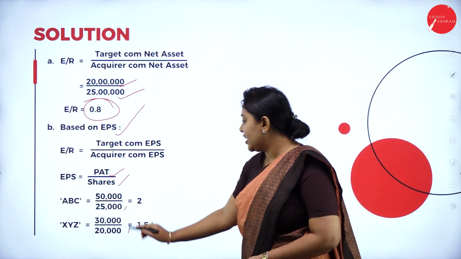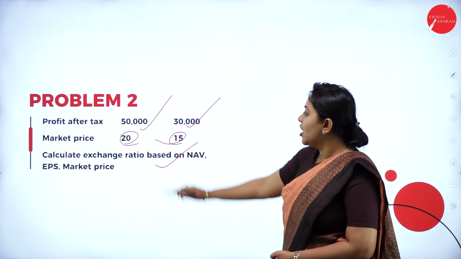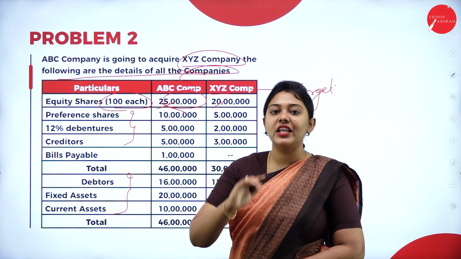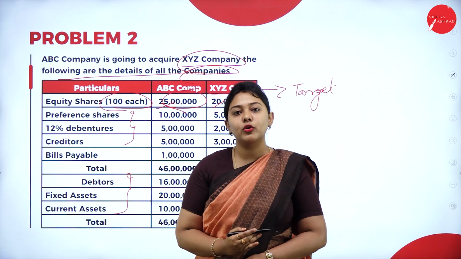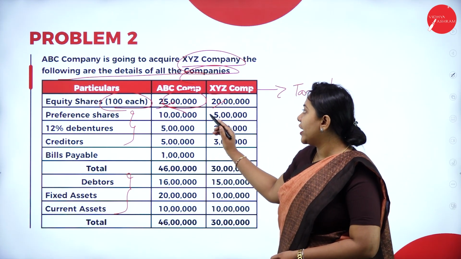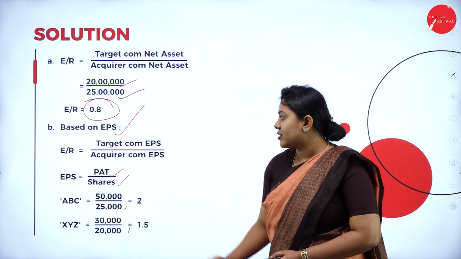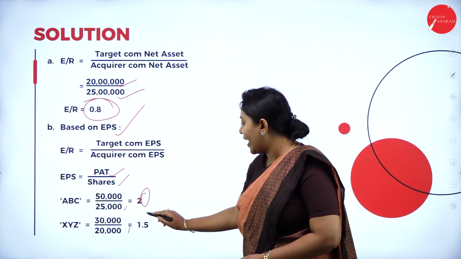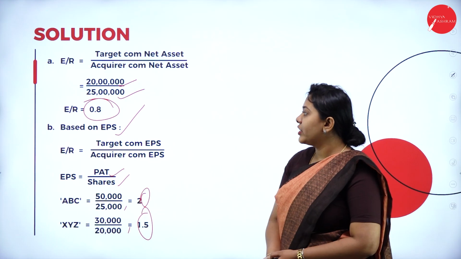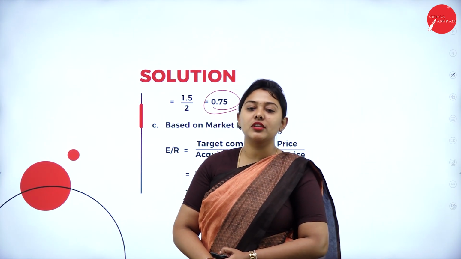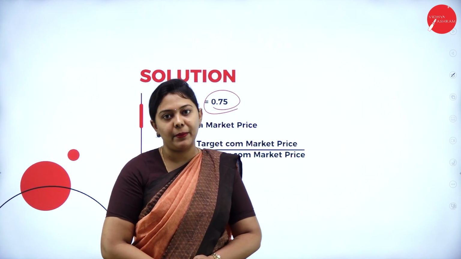How did you get this? The value, the amount is given: 25 lakh is the amount given, and 25 lakh divided by 100 gives the number of shares. With these values for the ABC company and XYZ company, if you substitute, you will get your EPS. 0.75 is the exchange ratio calculation based on EPS.